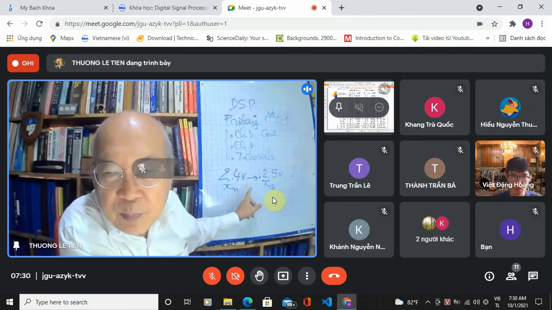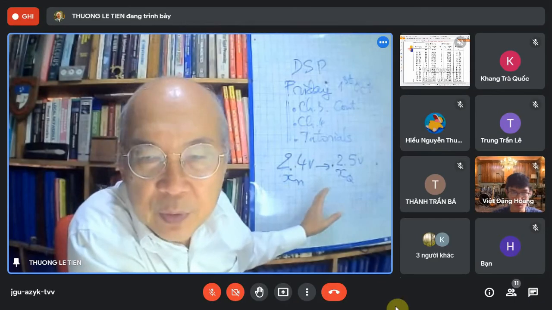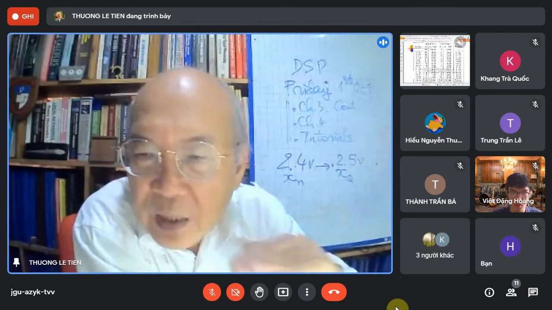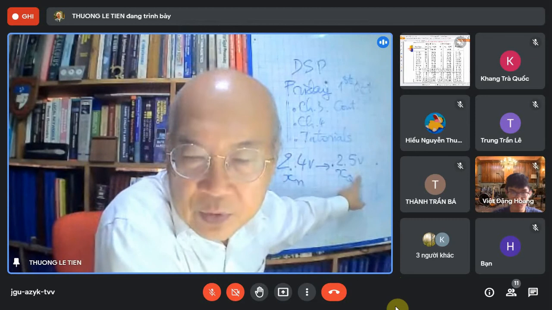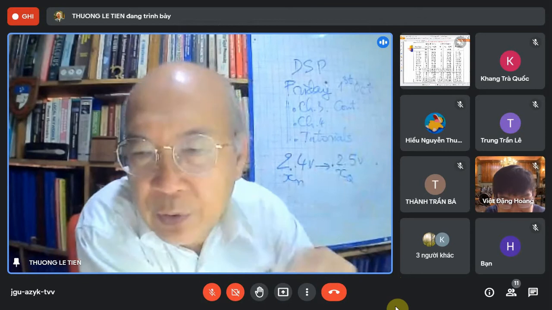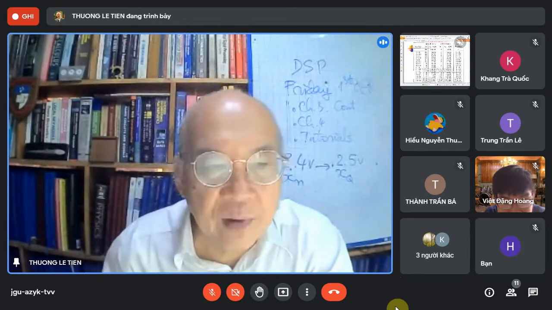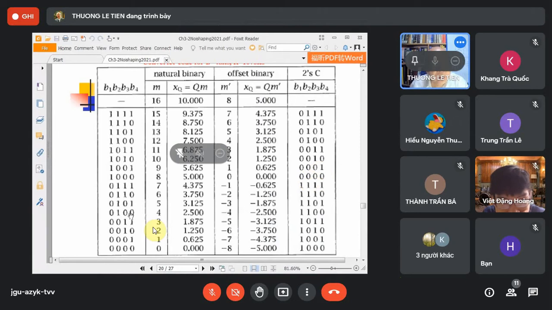For example, with the given ECM equal to 2.4, first step we have to look for the closest quantization level, which is 2.5 volts, and we take this one, map to the table. Now 2.5 volts, we take the natural binary code, which is 0, 1, 0, 0. And what about the code for offset? Offset 2.5 is in here.